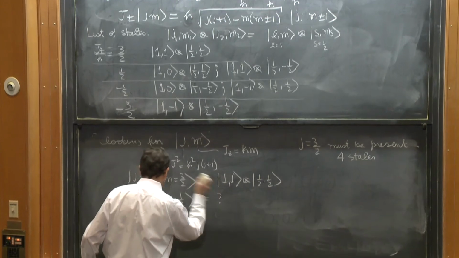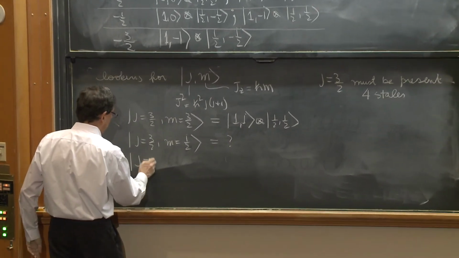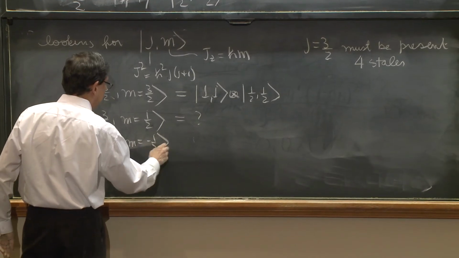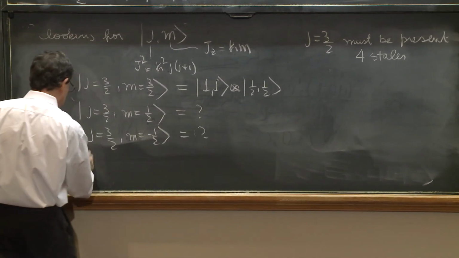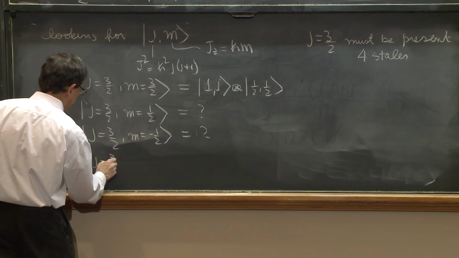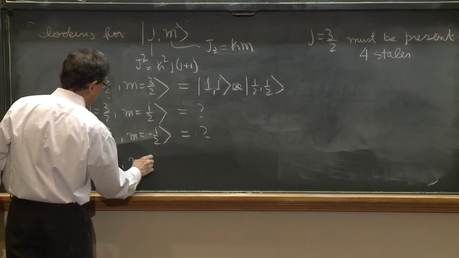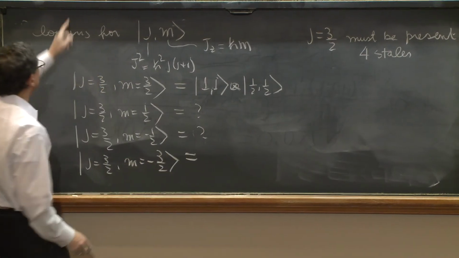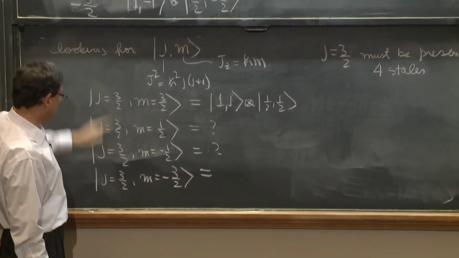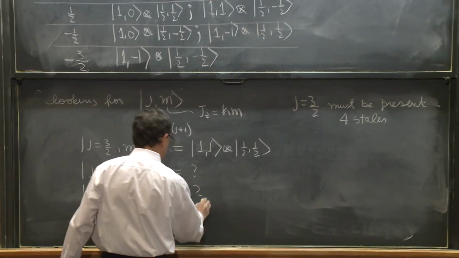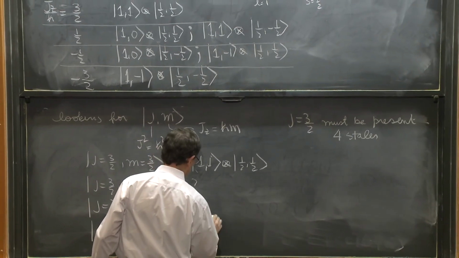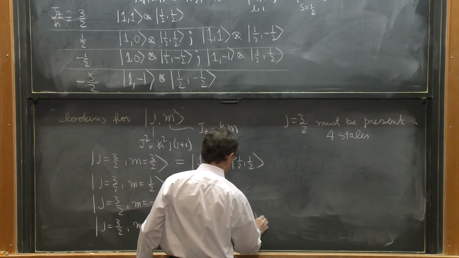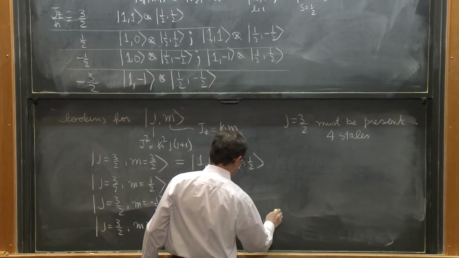So we'll do this: j equal to 3/2, m equal to -1/2. I don't know how to do it either. But j equal to 3/2 and m equal to -3/2: there's only one state with m equal to -3/2. So this state must be the 1, -1 tensor 1/2, -1/2.